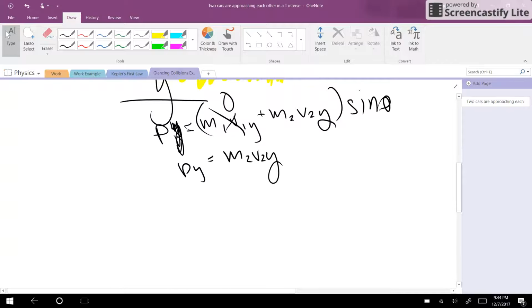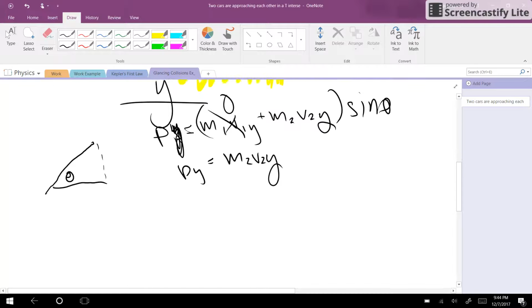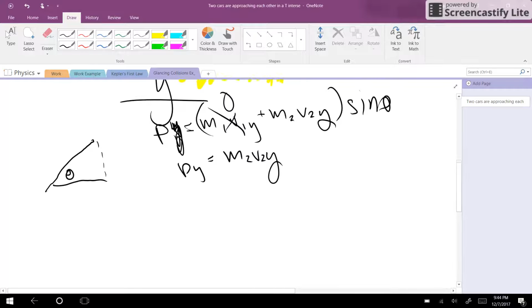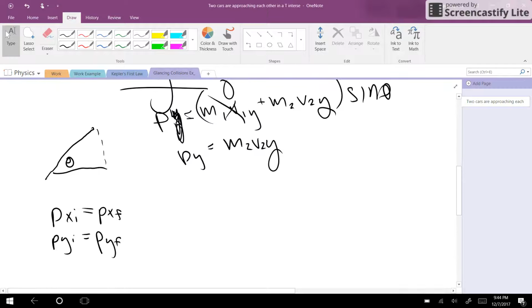So let's think of this. The car is going to shoot out at an angle theta, and we know that the momentum on both axes is going to be preserved, right? So pxi equals pxf and pyi equals pyf. Therefore, py is going to equal the same thing before and after.